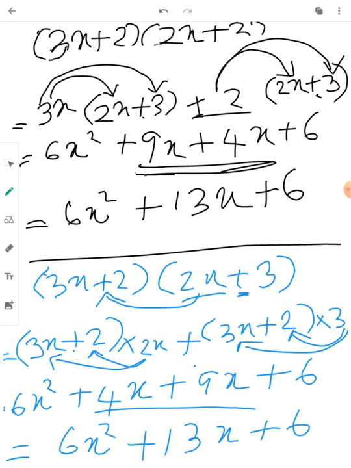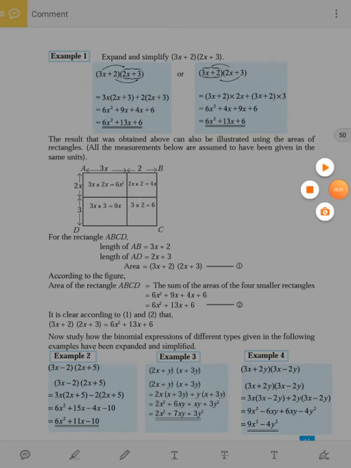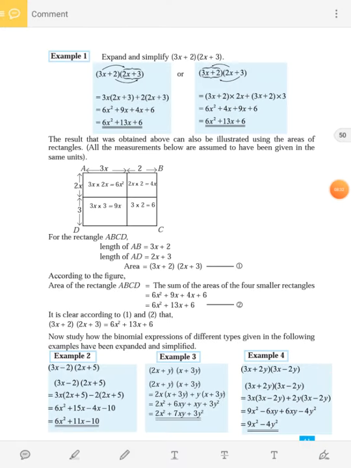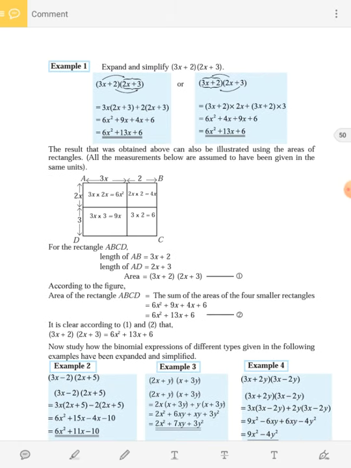So you have got the same answer here and there. Okay, so hope this one is clear. So let's come back to the page. So here, example 1, you have got the same answer.